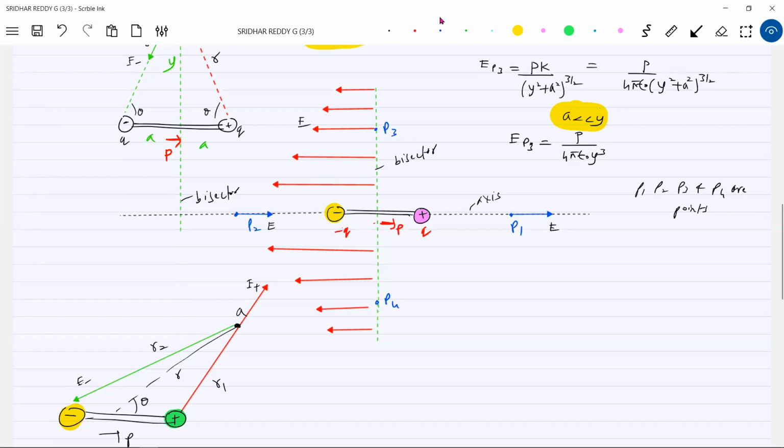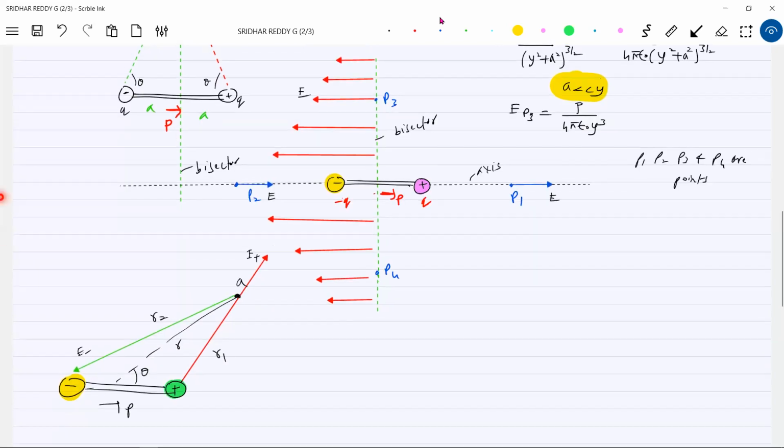What about the potential? I think potential will be much easier. Potential on the axis should be equal to KQ by (X minus A) minus KQ by (X plus A).